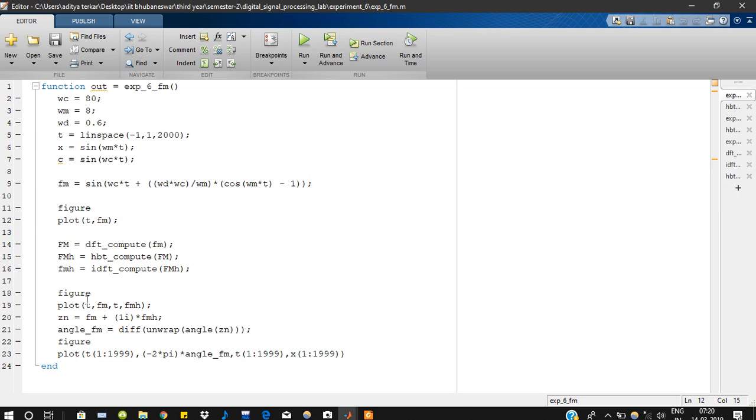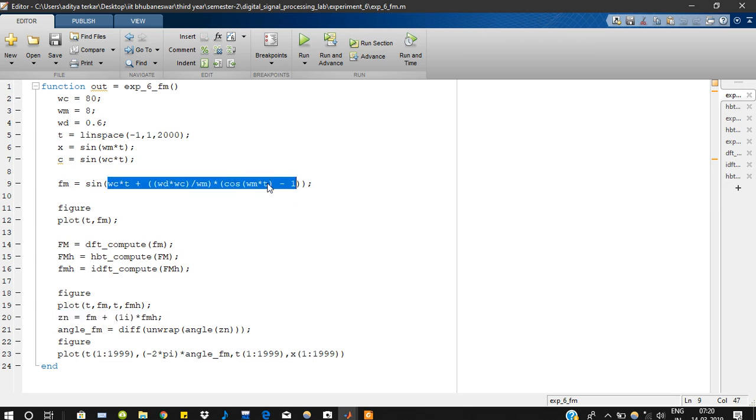Okay, so this Zn here is the complex number, which is your original frequency modulated signal plus j times your quadrature phase shifted modulated signal, and when you perform an angle operation, you obtain the phase of this complex variable, which is this part of our equation.